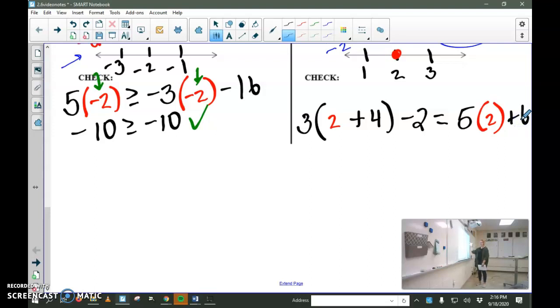And again, I can just type this in my calculator exactly the way I see it. When I do that, I'm going to get 16 on the left. If I type 5 times 2 plus 6 in my calculator, I get 16 on the right, which means that x equals 2 was the correct final solution.